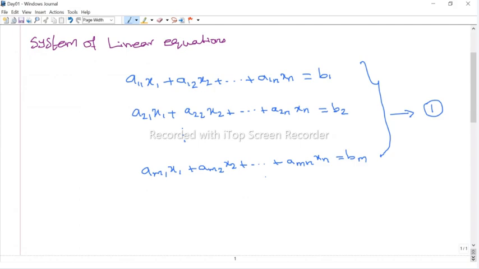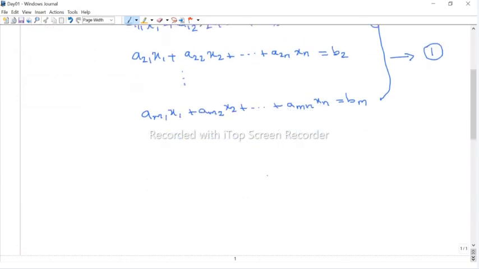So we have to find a solution. What do we mean by solution? Here x1, x2, etc., xn are the unknowns, which we have to find.